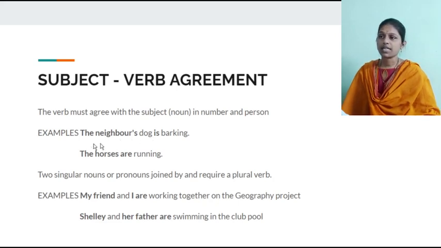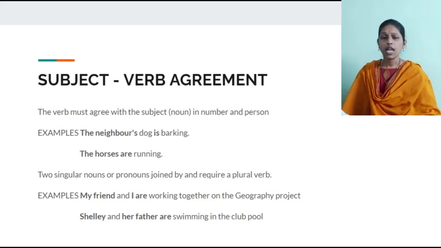And if you see the second sentence, the horses are running. The horses, the subject, is it singular or plural? It is plural. The horses, many horses. As it is a plural subject, we used a plural verb are here. So the verb must agree with the subject in number and person.